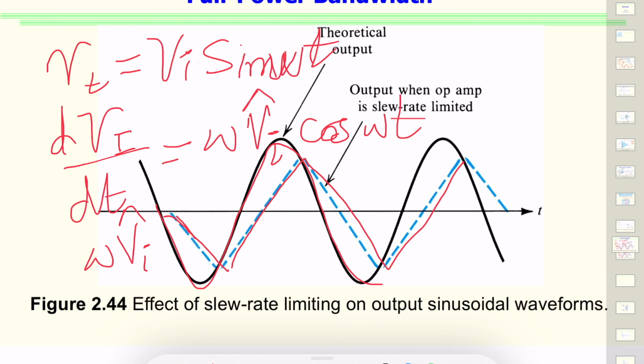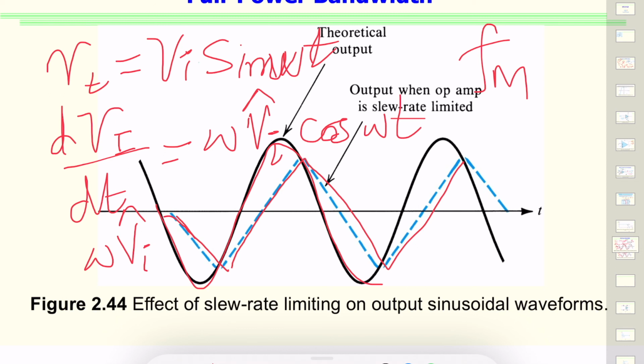So the data sheet gives us this function we call FM, which is the full power bandwidth, and that helps us design our circuit so that we stay within the limitation and don't get into distortion.